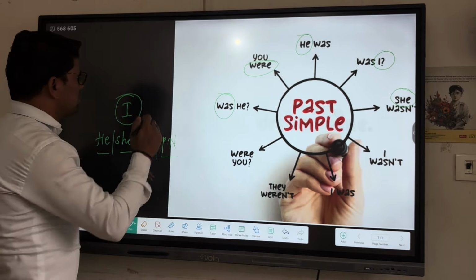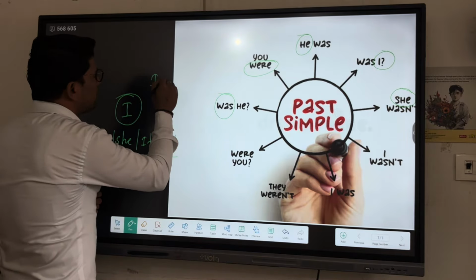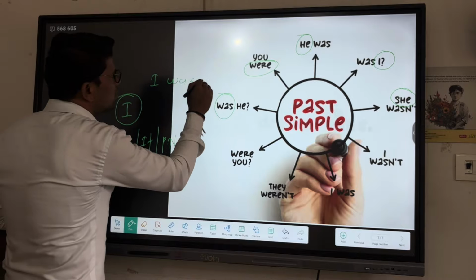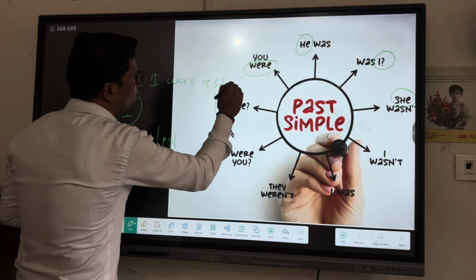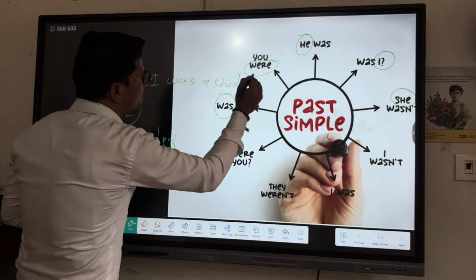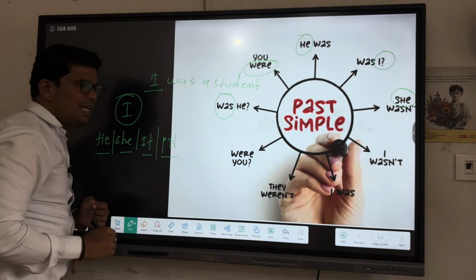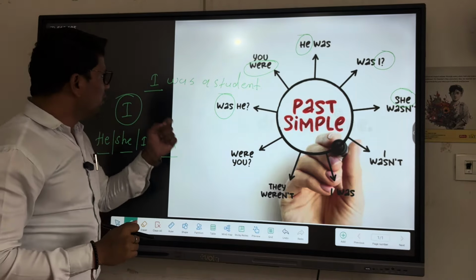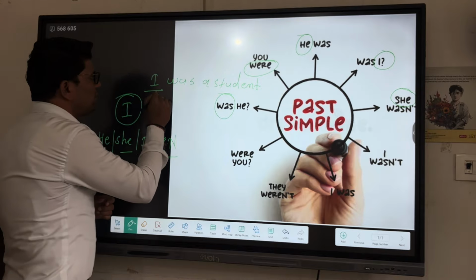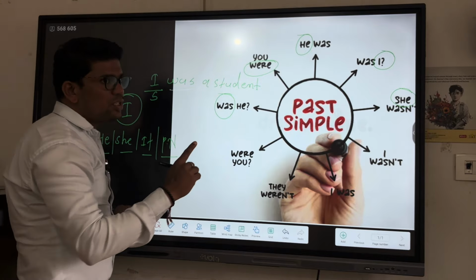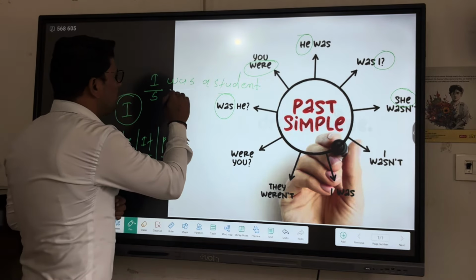Let me write the sentence. For example, I was a student. Here you can see that I is used as the first person singular subject, and was is used here as the main verb.